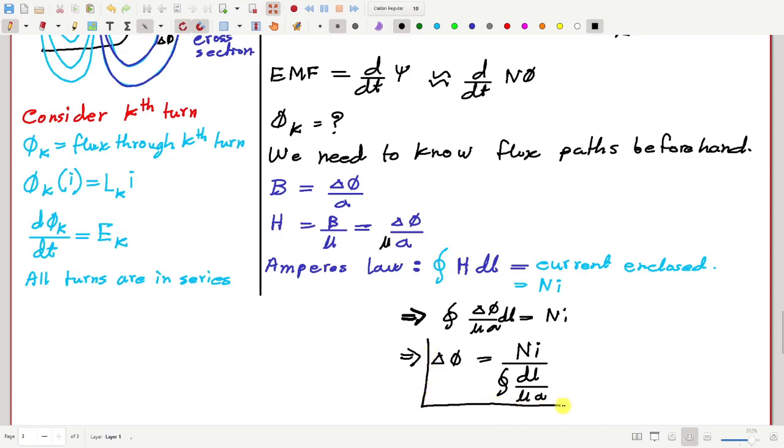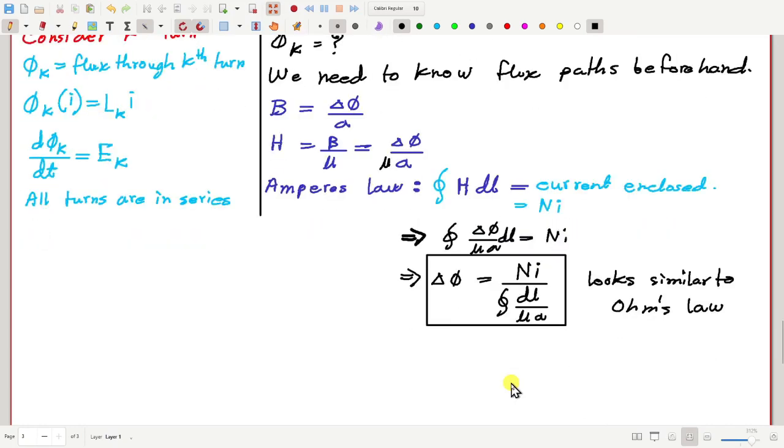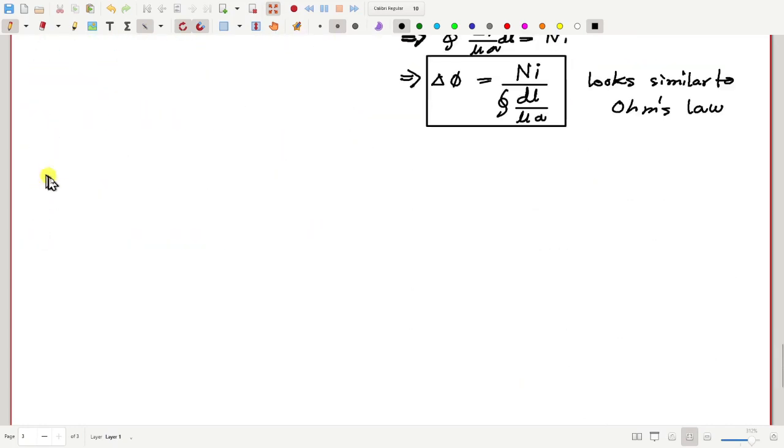Now, this equation looks similar to Ohm's law. Do you see how that is so? How is this similar to Ohm's law? For that, let us first consider Ohm's law.